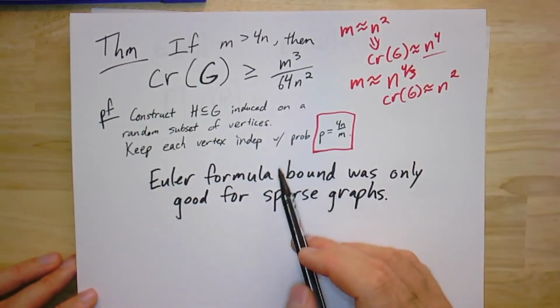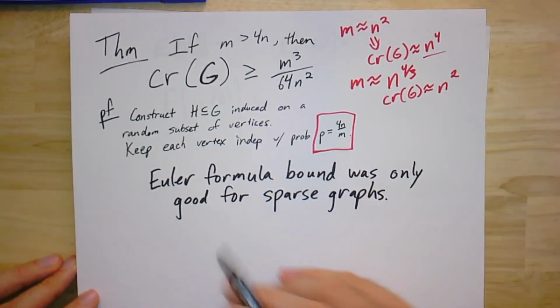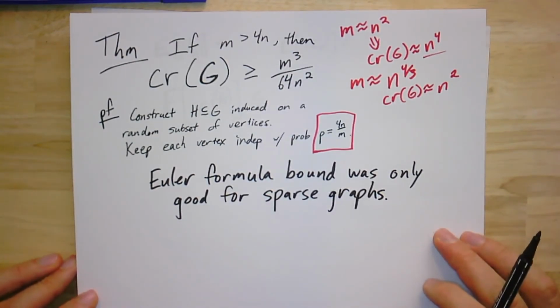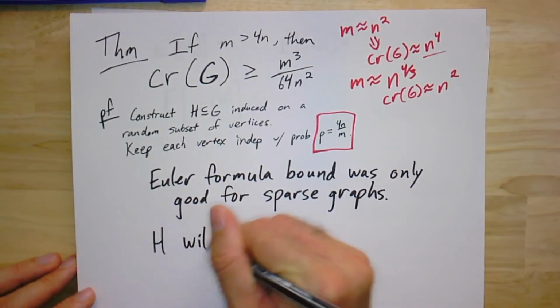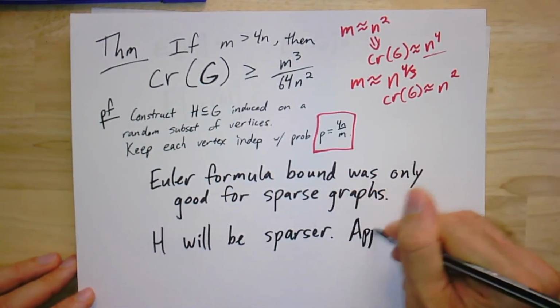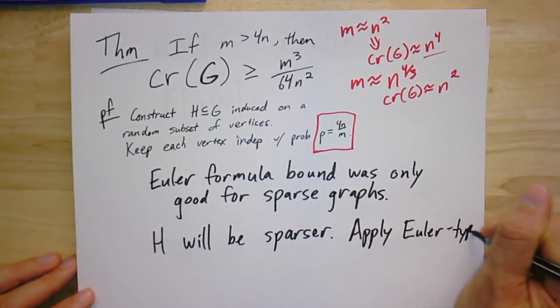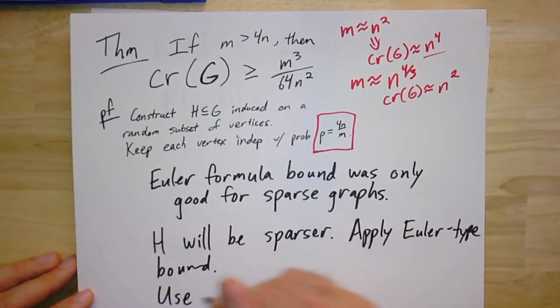And so once you sample the vertices with this probability and take the induced subgraph, you're going to end up with a sparser graph. And so H will be sparser. We can apply this Euler type bound, and then use probability to bound the crossing number of the original graph.